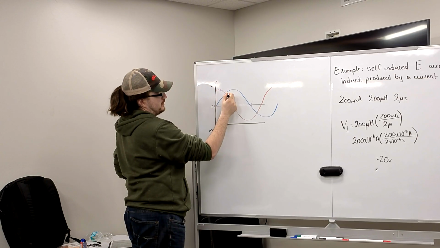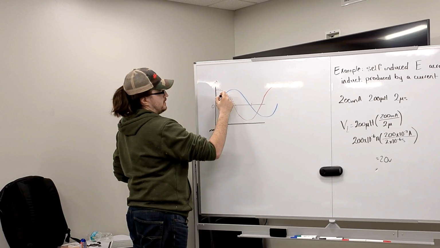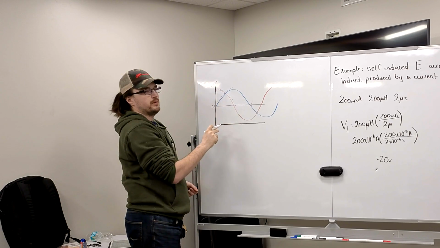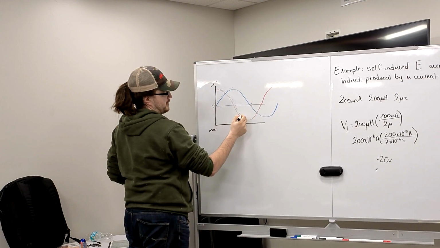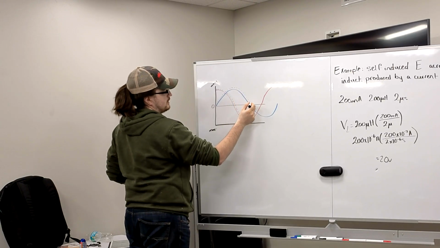So as it changes, this starts going up. And it peaks where this thing dips to its lowest point. And as it starts changing towards the maximum again in the opposite direction, then this comes down.